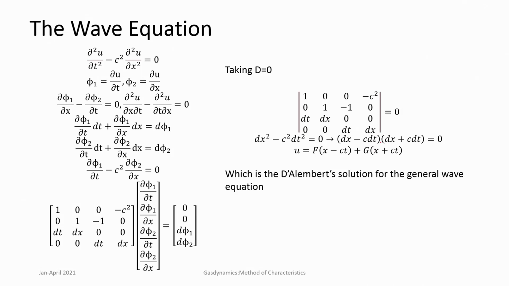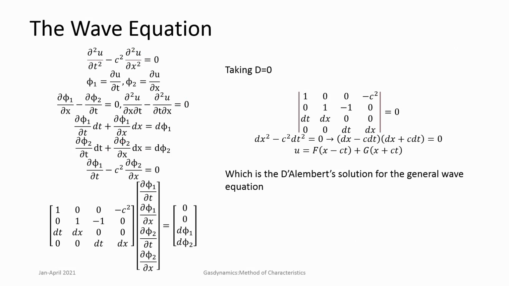Here it is applied for the wave equation itself, dou square u by dou t square minus c square dou square u by dou x square equal to 0. You can follow these steps.